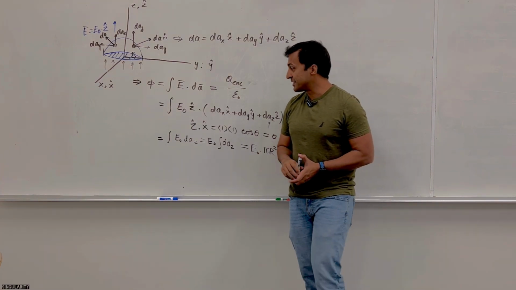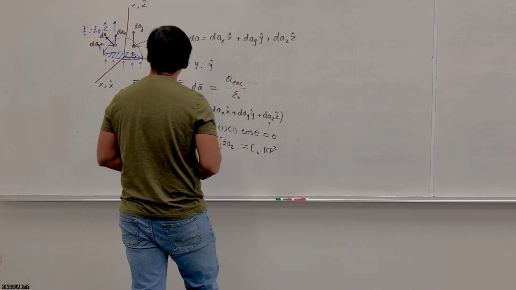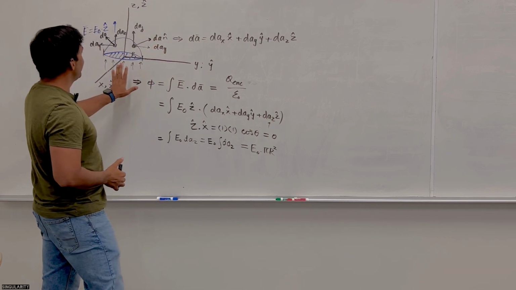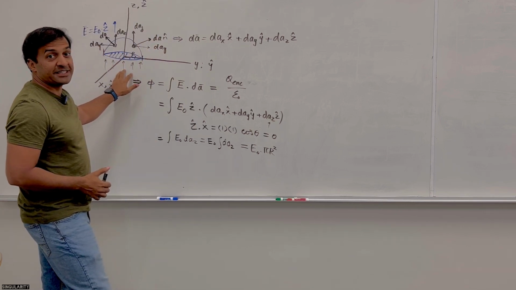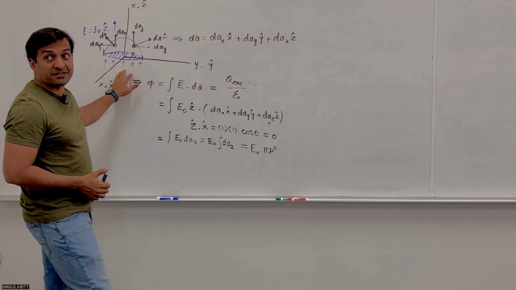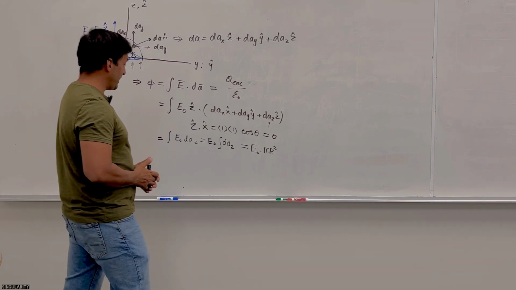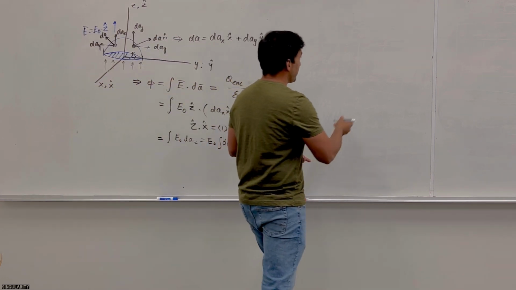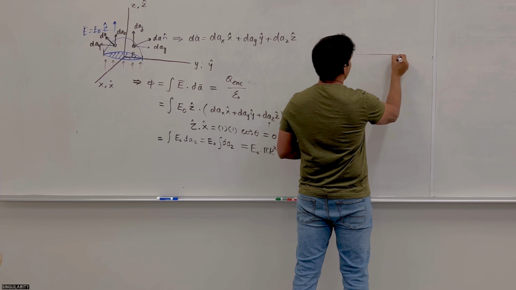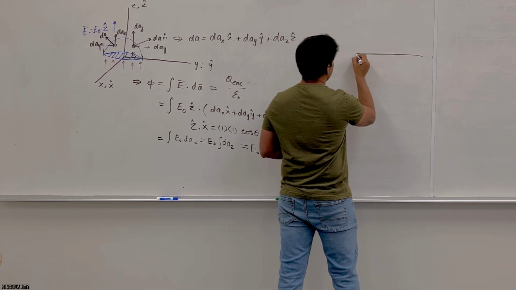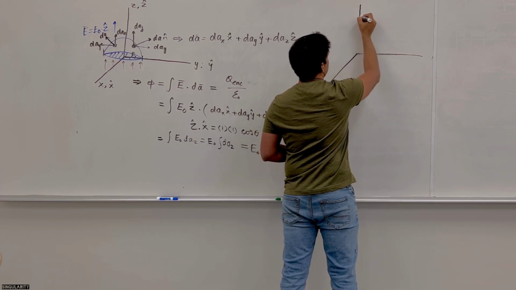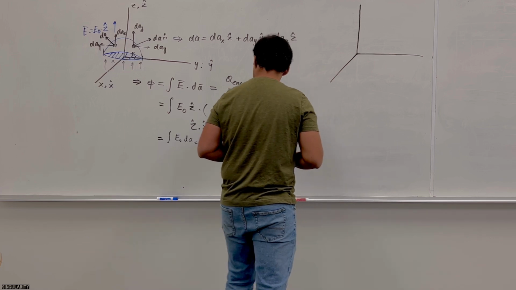Okay, the next one is interesting. If we rotate this bowl by 90 degrees around the x-axis, what will be the total flux? I'm going to redraw it again, but this time it's rotated by 90 degrees. So this is the situation now, x, y, z.